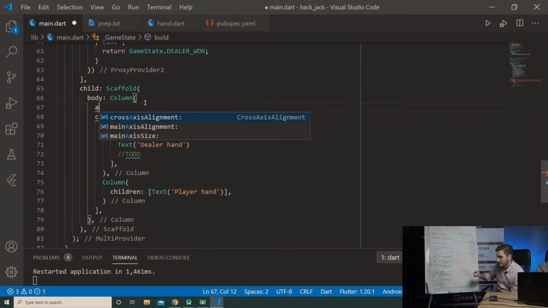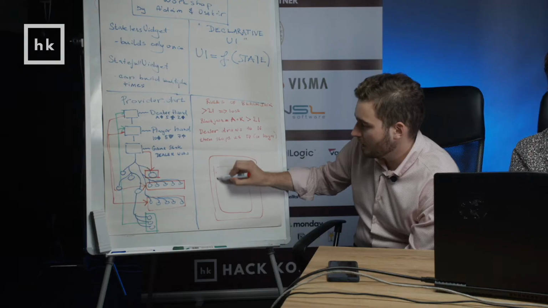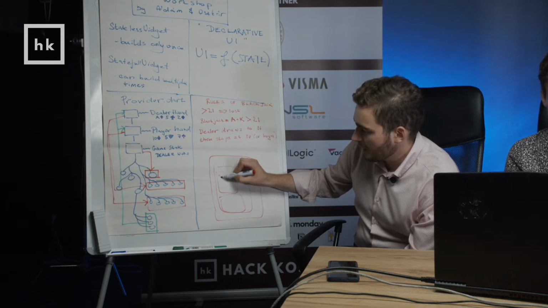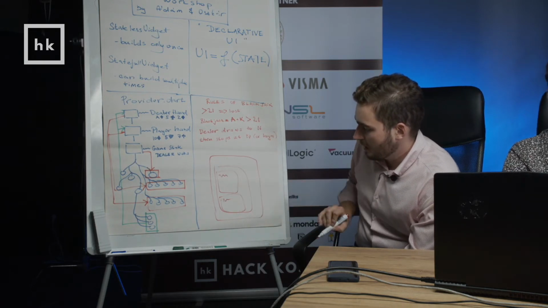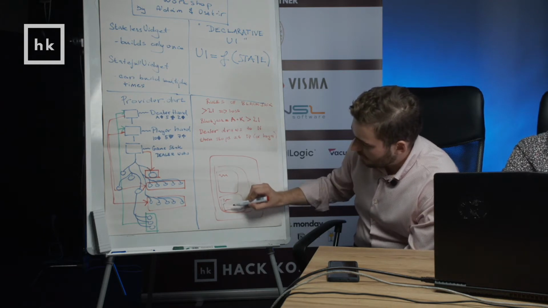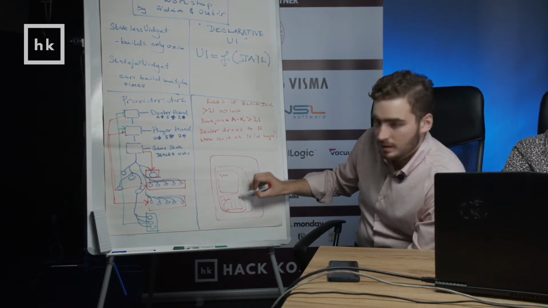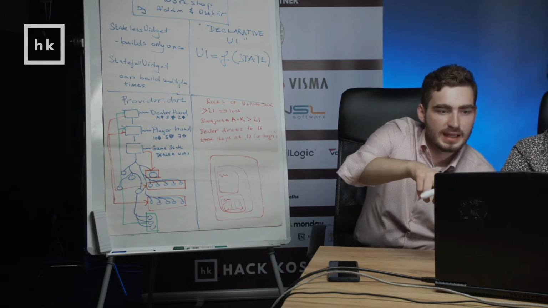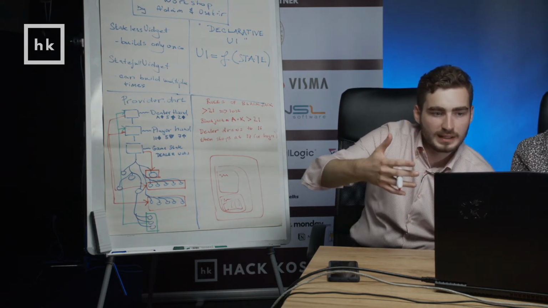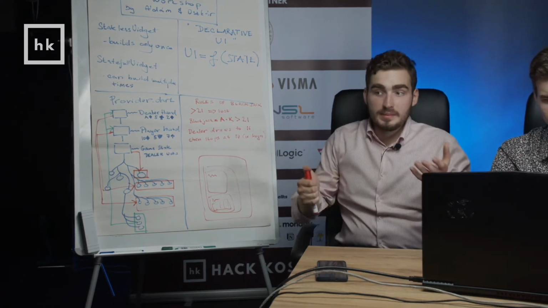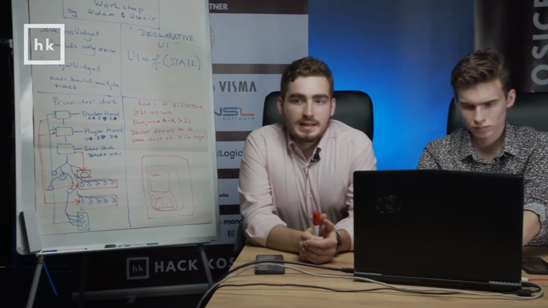So we have a column here, and then inside the column we'll have two smaller columns, and inside that we'll have some text saying dealer hand, player hand, and then inside these we'll have a row of cards. So basically that's what Oszkar is doing now. He's putting in a column that has the dealer hand, and beneath that is a consumer. Now you might be interested, why is that actually a consumer?